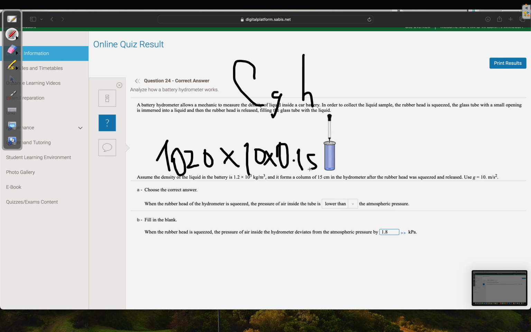Wait, my bad, it's not 1020, it's 1200 here. And this will give us 1800. To make it from Pascal to kilopascal, we just divide by 1000, which will give us 1.8 kilopascal.